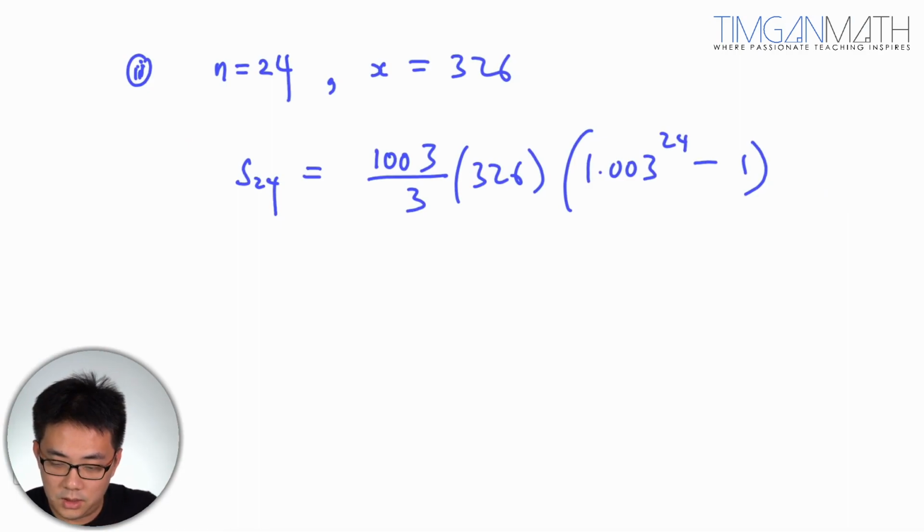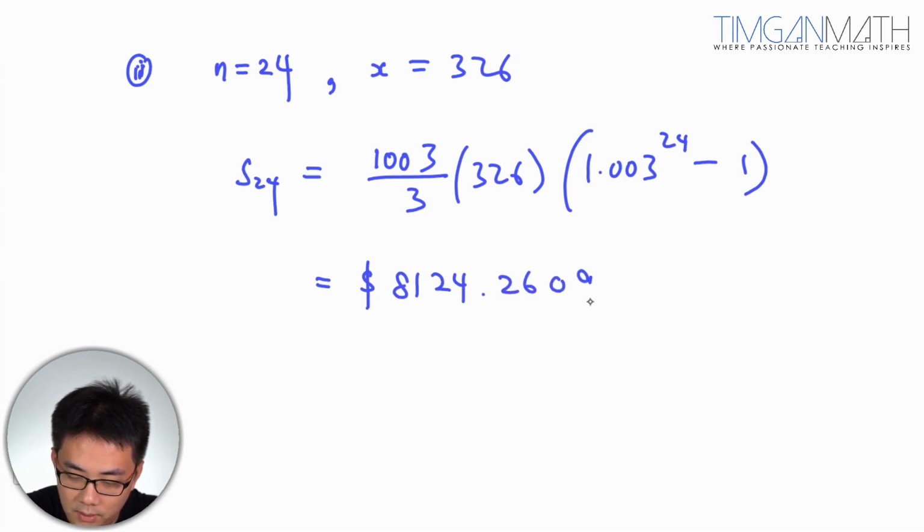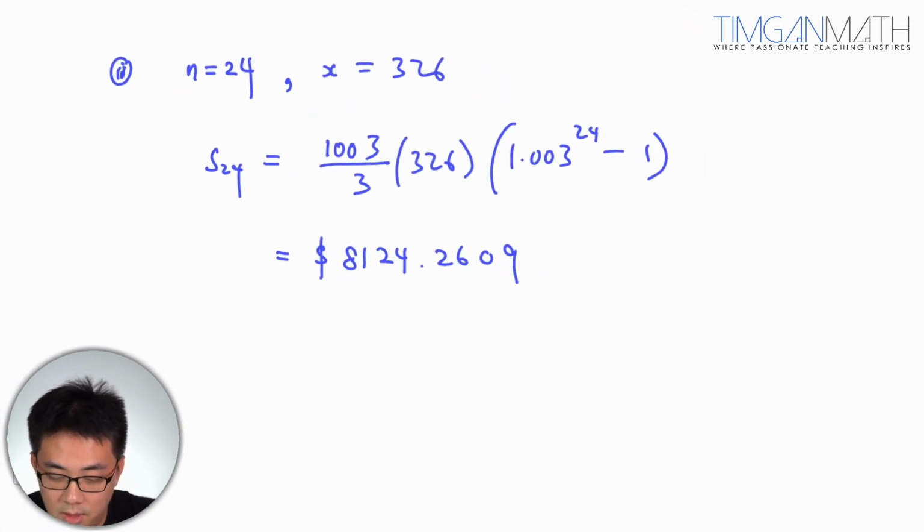Okay, so this is the amount that I have. So I'm going to key in my calculator here. I don't really like to use my computer calculator because it's very prone to careless mistakes. It's hard to write there. Okay, great. Then that will be 8,124.2609.